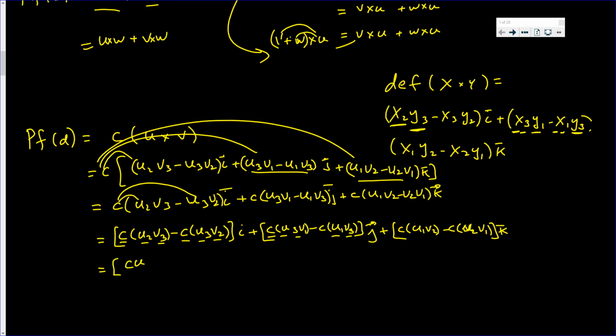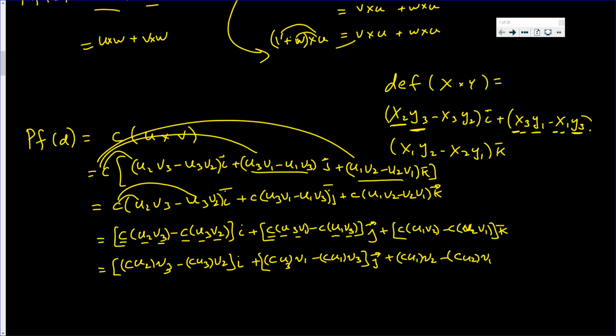I can multiply the C and the U2 first, times V3, minus the C and the U3 first, times V2, plus CU3 times V1 minus CU1 V3, and this is in the J direction, plus CU1 V2 minus CU2 times V1, and this is in the K direction.